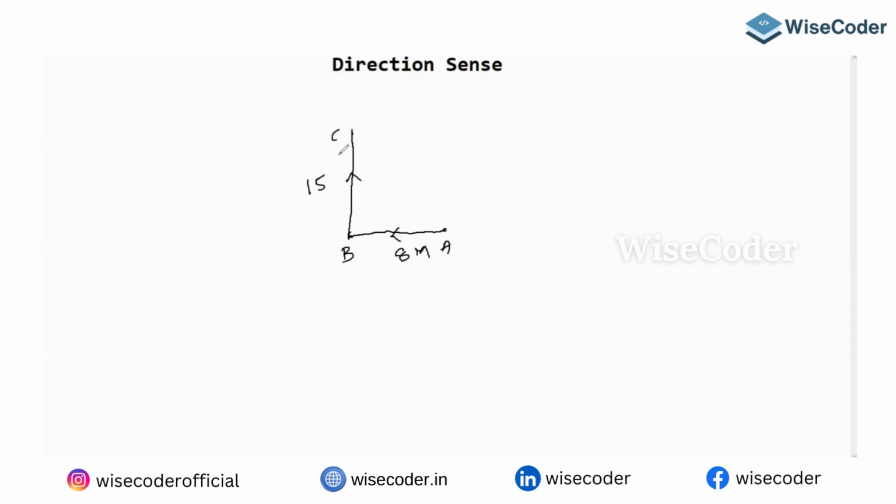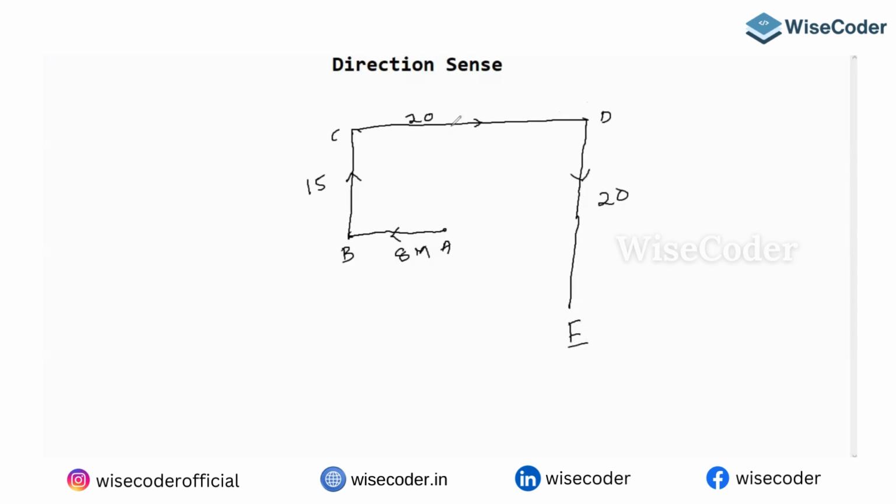Let's say this is C. From this point, she traveled 20 meters towards east. Let's say she reached point D. From here, towards south, she traveled 20, below the 15. Let's say this is point E.